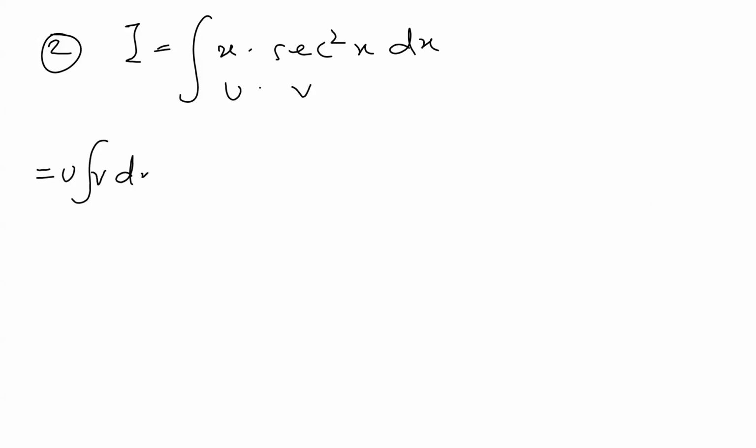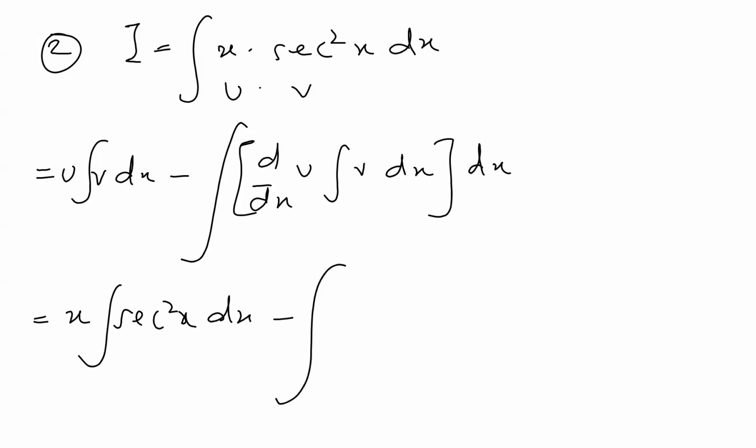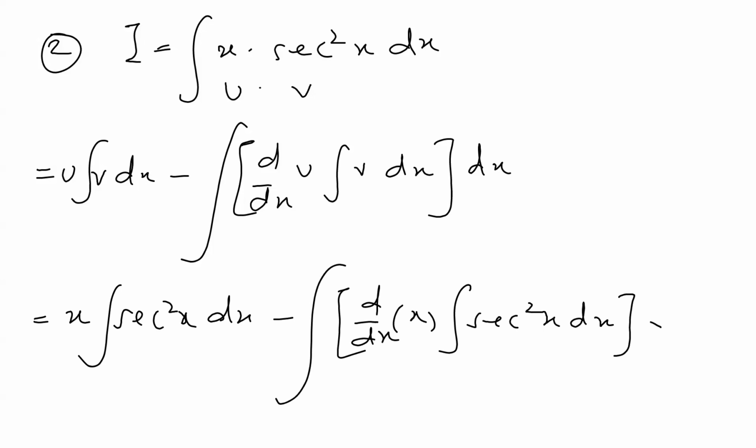Write down the formula clearly. U integration v dx. Bigger integration should look like bigger integration. Box bracket should always be there. Don't miss out on this in instructions. Minus bigger integration dy dx of x, sec square x dx.